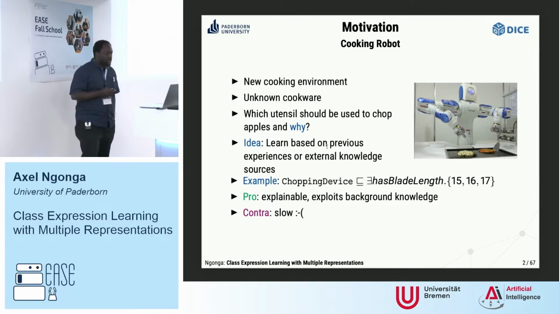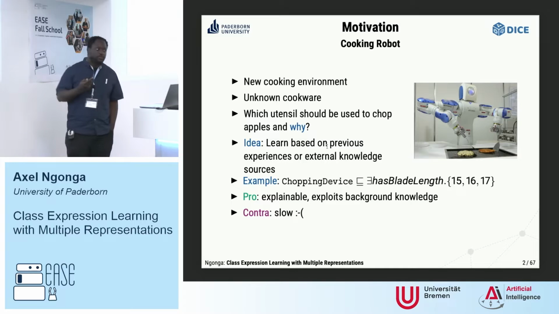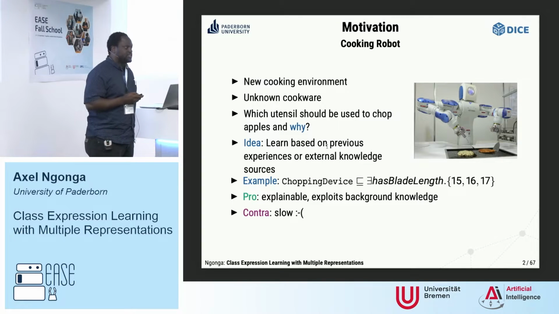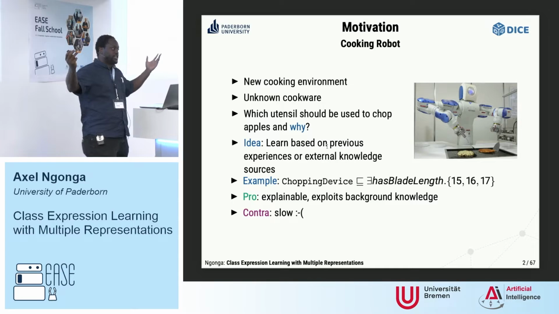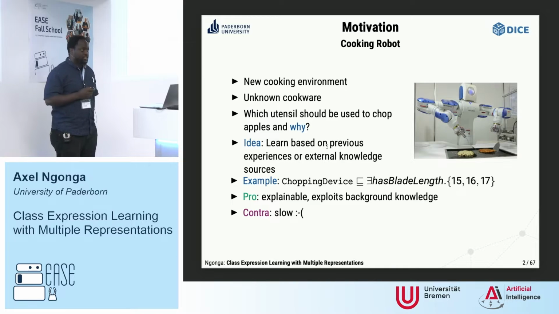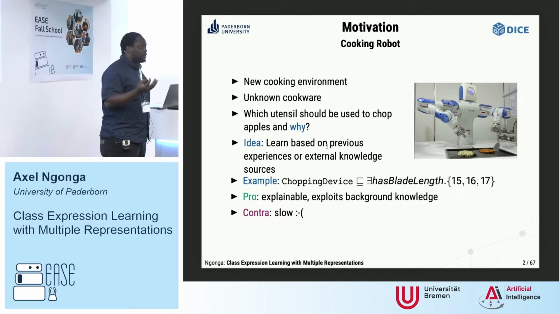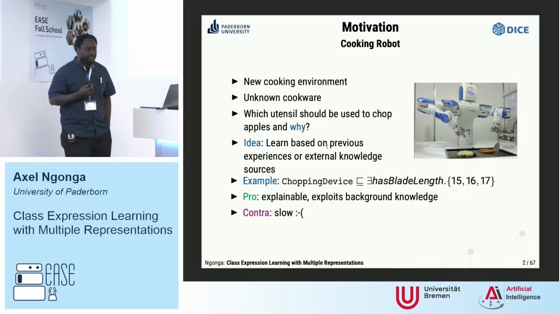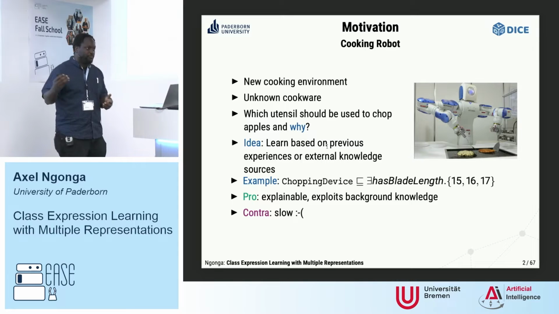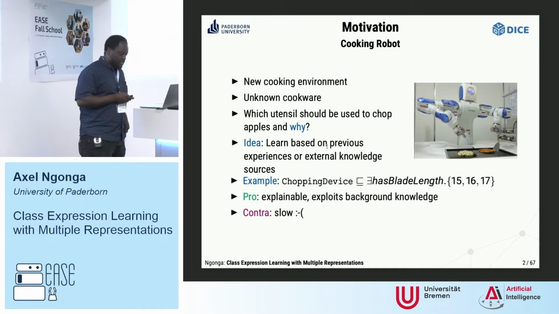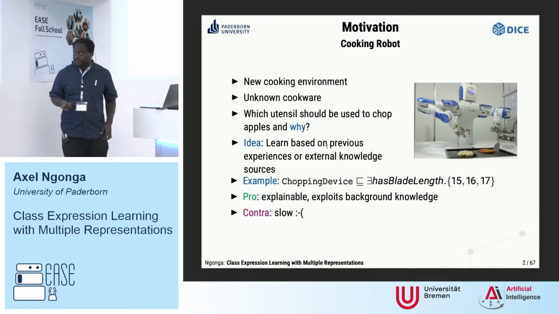The main con of class expression learning, at least the way it was done classically, is that it's slow. So basically, it does not scale to really large knowledge graphs or knowledge bases. And fundamentally, what I'm going to talk about are means to make things faster so that we can actually apply this type of learning to larger knowledge graphs.